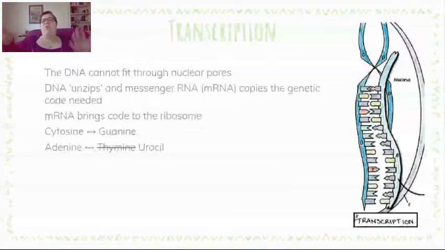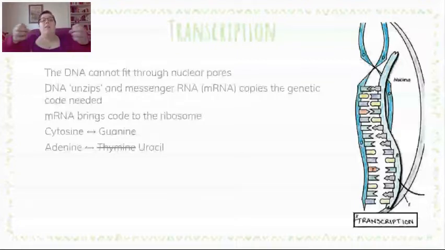If it's just out floating around in the cell where any old thing could run into it and damage it, that's less than ideal. So we keep the original safe inside of the nucleus, and we make photocopies that we can send out to work with. Those photocopies are called messenger RNA or mRNA.